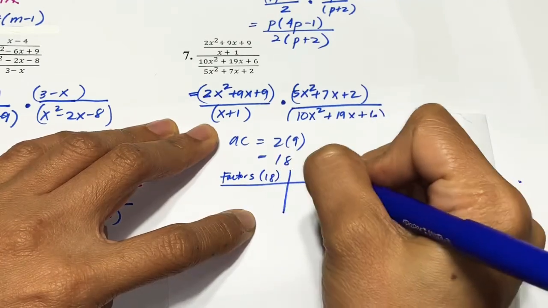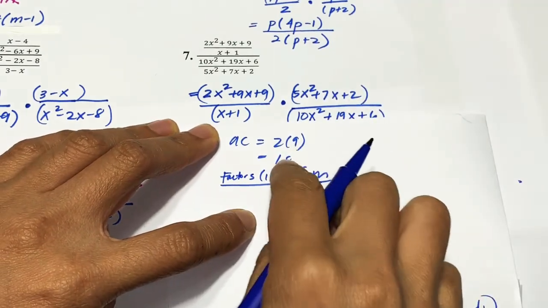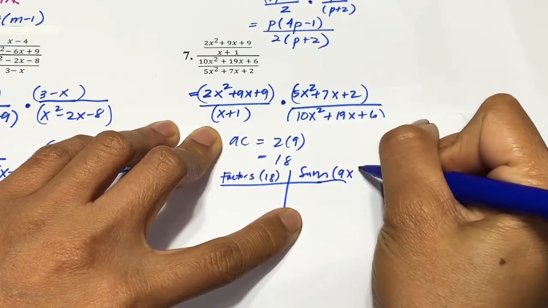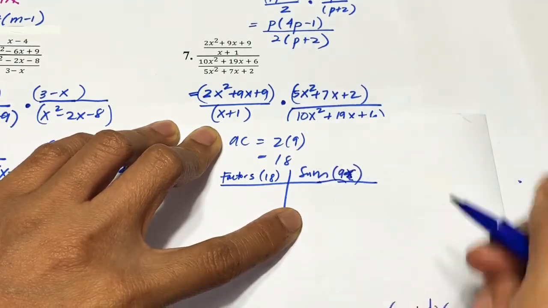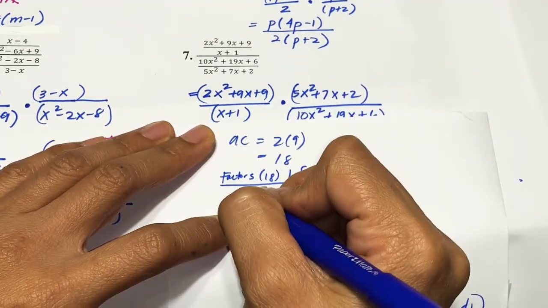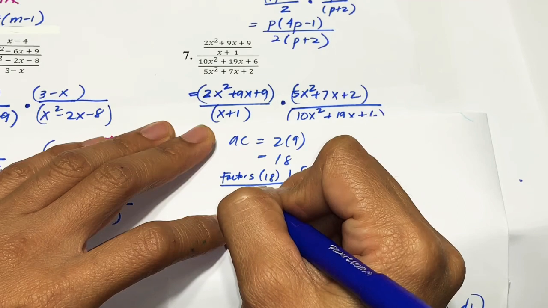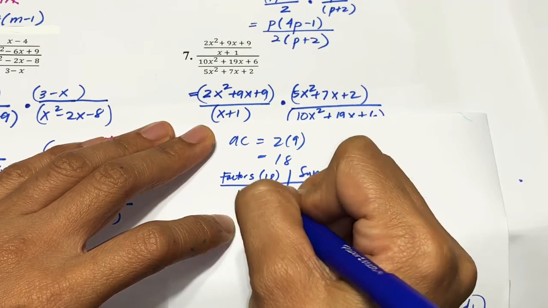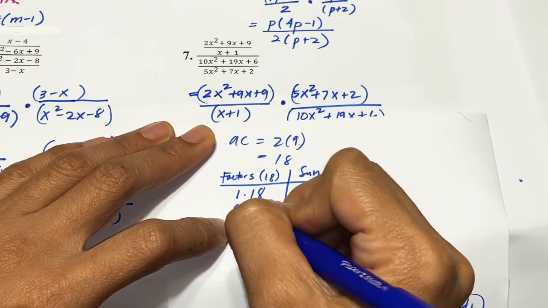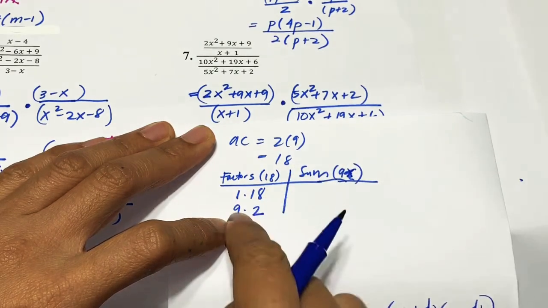When you add it, it has to be 9. We're not going to use the x yet. Factors of 18: 1 and 18, that's not going to give us 9. 9 and 2, it's not going to give us 9.